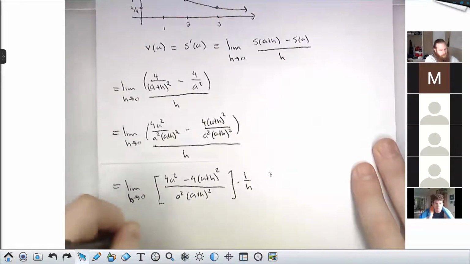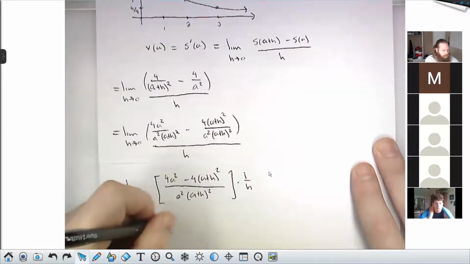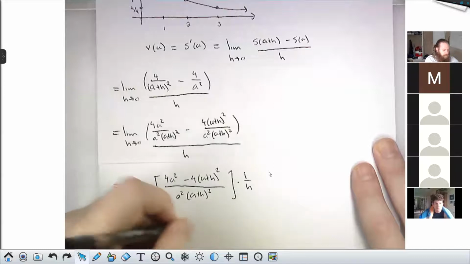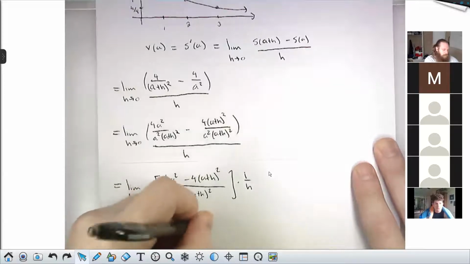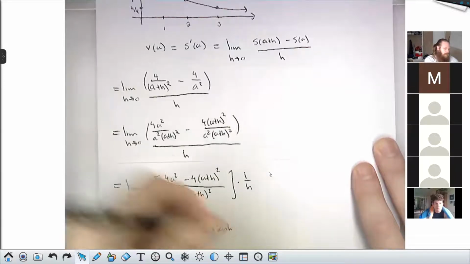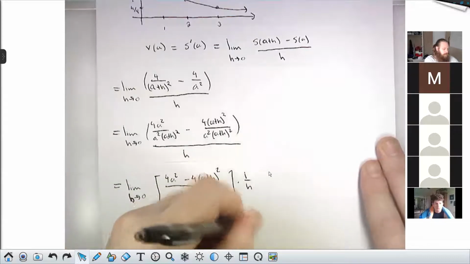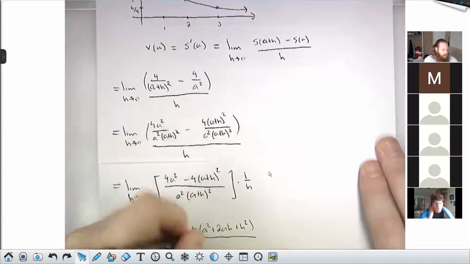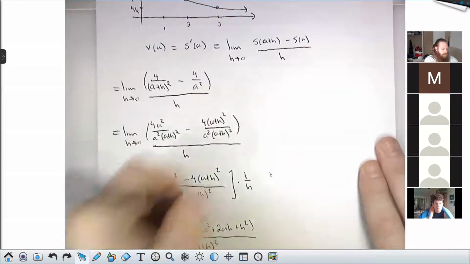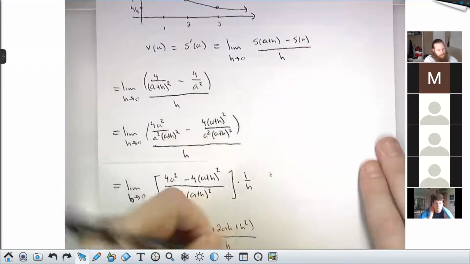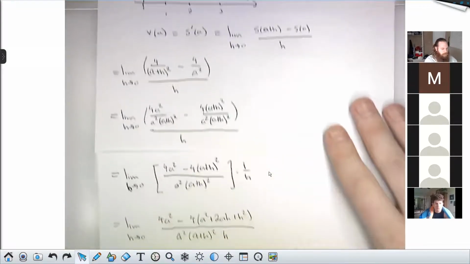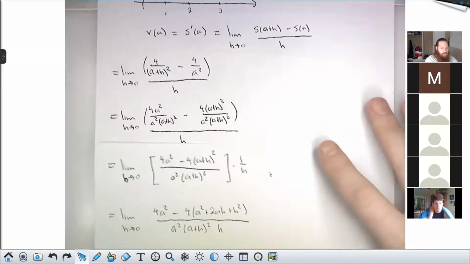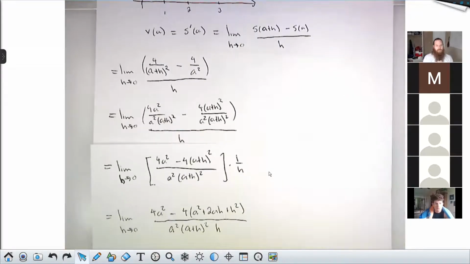Carrying on, we have the limit as h goes to 0. The numerator here is 4a squared minus 4 times (a squared plus 2ah plus h squared) all over this denominator, which is a squared times (a plus h) squared. And then I'll bring this 1 over h in. It'll give a factor of h downstairs like this. I need to distribute this 4.